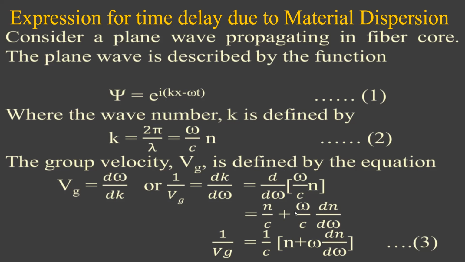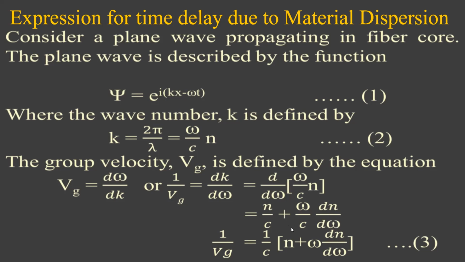you keep omega by c as it is, and you differentiate the refractive index n, because c is the velocity of light and that is taken as a constant. So you are differentiating the refractive index n with respect to omega. So this becomes omega into dn by d omega.